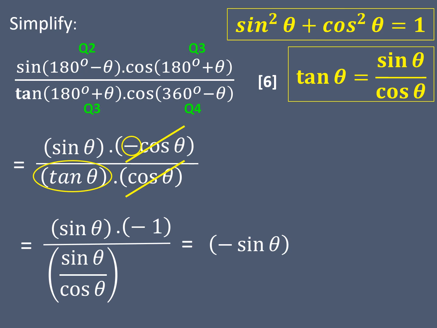Now I am dividing by a fraction, so instead of dividing by a fraction, we can tip and times. So I end up going times cos theta over sine theta. How can we simplify further? Sine theta can cancel with sine theta. And my final answer is minus cos theta.